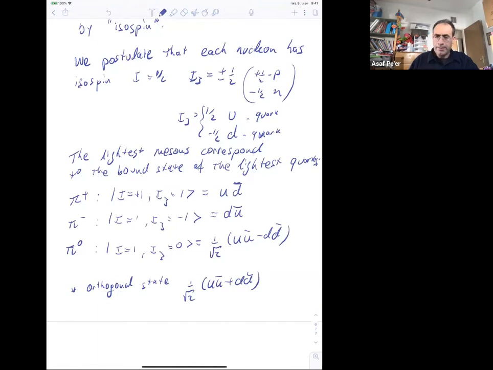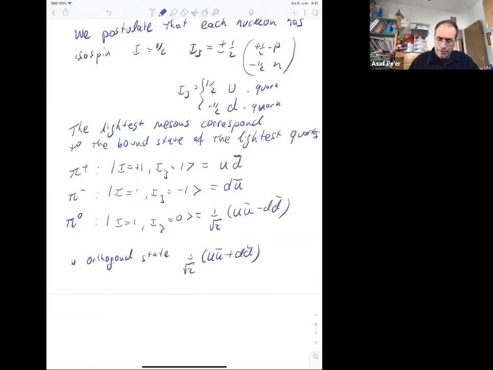But actually this is not the case, because there is a better symmetry that works here, which is 1 over square root of 3 of u-bar plus d-bar plus s-bar. s is a strange quark. So this is the correct orthogonal state to the pion 0. And I won't go deeper than that at the moment.